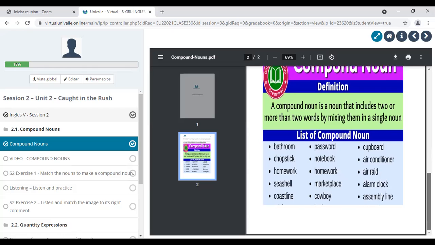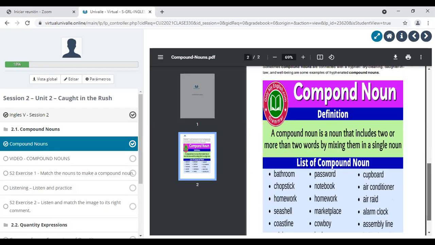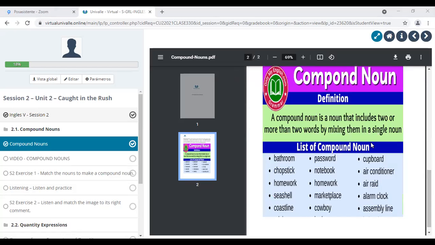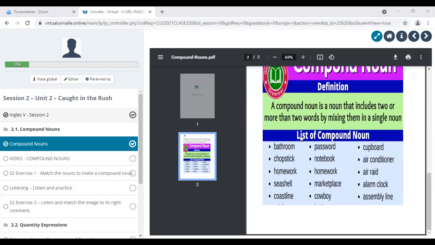Thank you so much for your participation, Naima. Okay, as you might see in the grammar explanation as Naima was reading, we use those words for people, animals, places, things, or ideas. And they are palabras compuestas in Spanish. And here we have a list of compound nouns. For example, bathroom. It's made up of two words, bath and room.